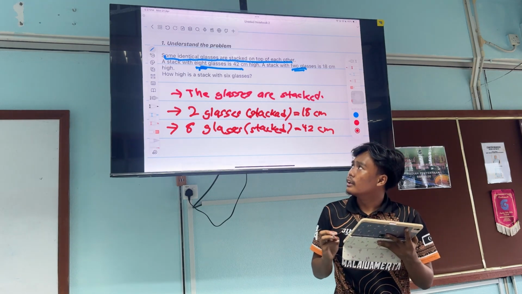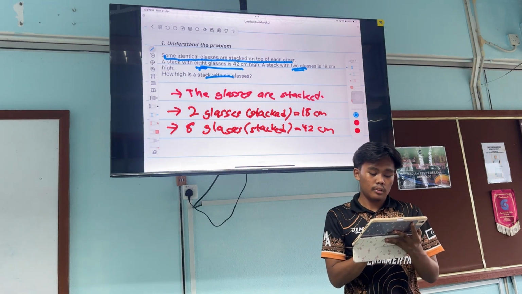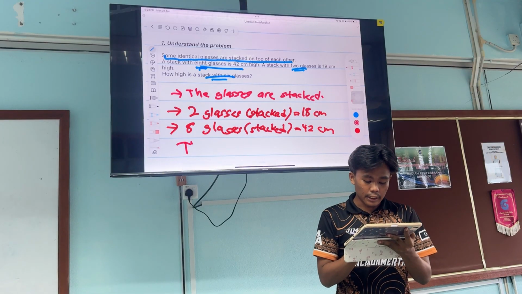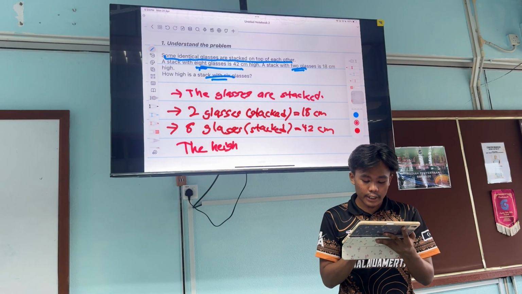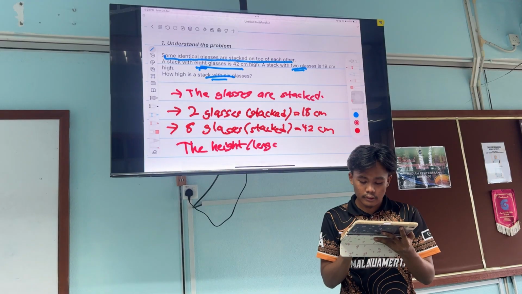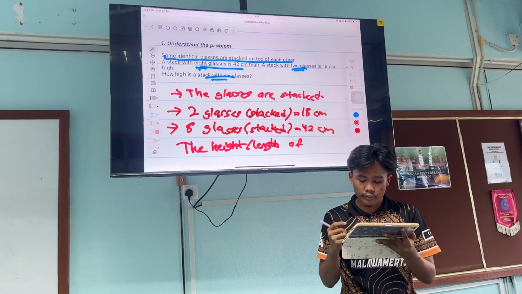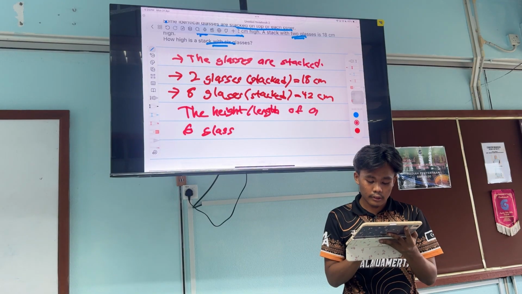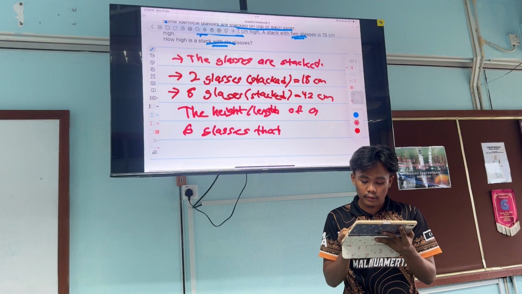So, how high is a stack with 6 glasses? The keyword in this question is that we need to find the height, or we can call it length, of 6 glasses that are stacked.